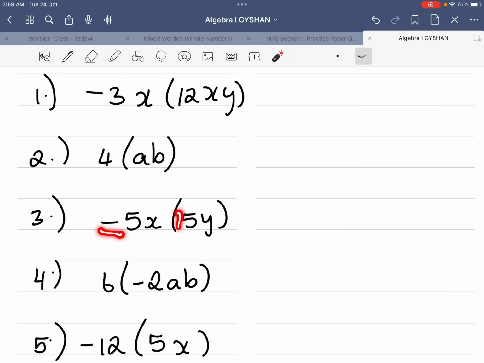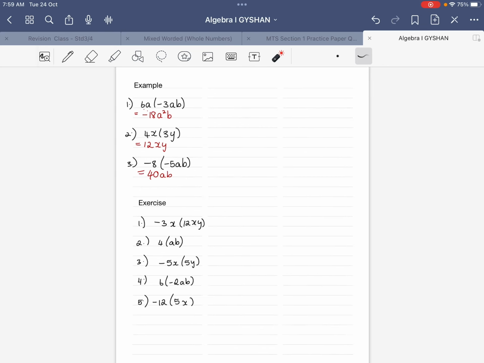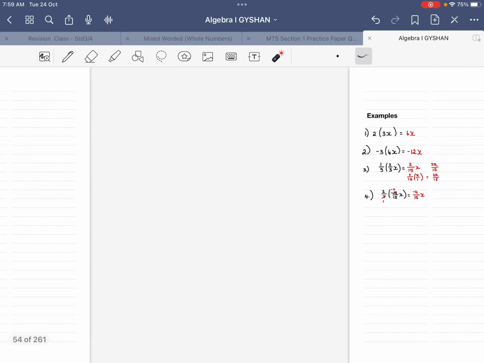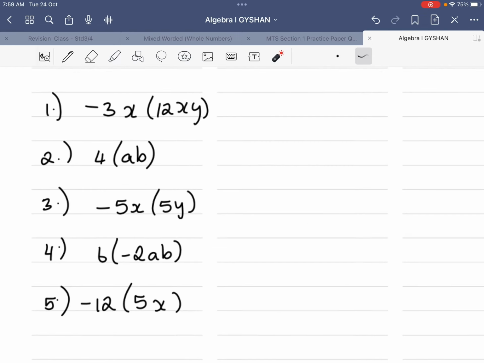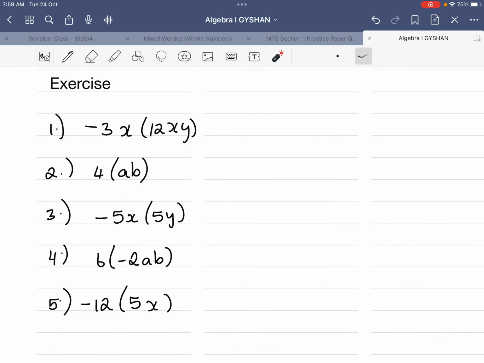Negative by positive will give you negative. 5 by 5 is 25. X by y is xy. So let's put the answers here.